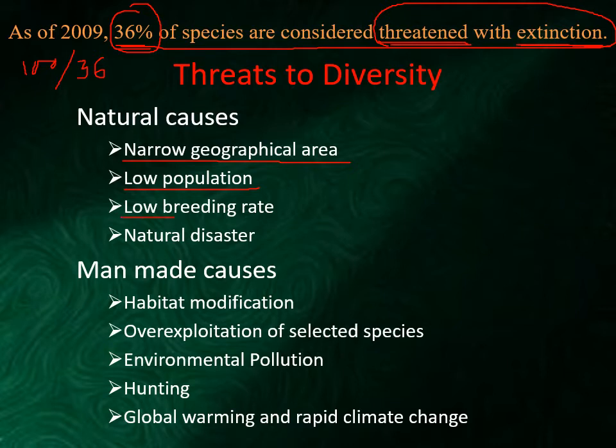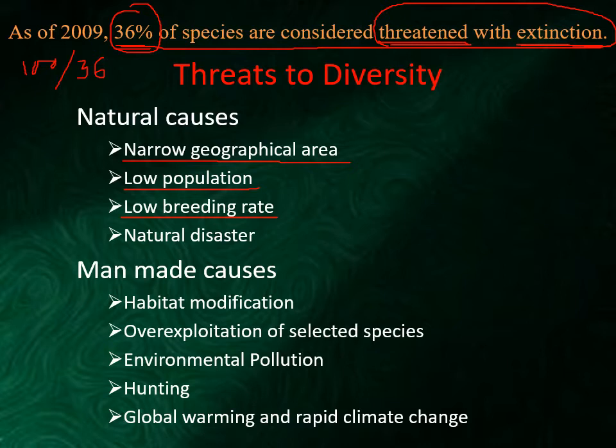Third, the low breeding rate, the fertility rate or reproduction rate. If it becomes very low, then if some condition appears that before reproduction the parental stock, the parental organisms died, then the next generation will not come. But if the fertility rate is very high, then very quickly the parental stock reproduces the next generation.